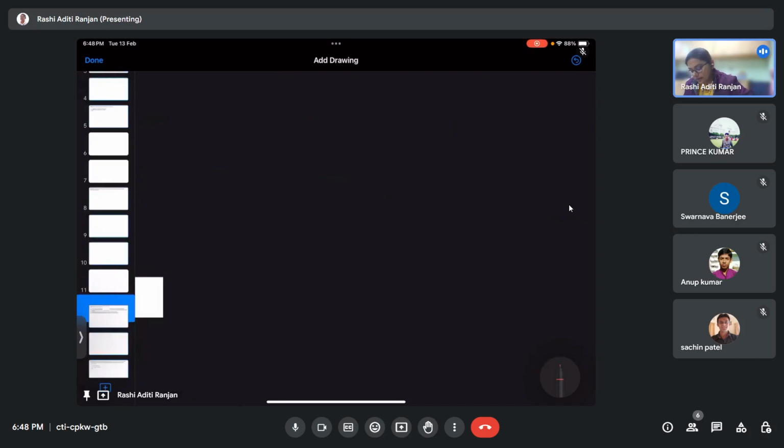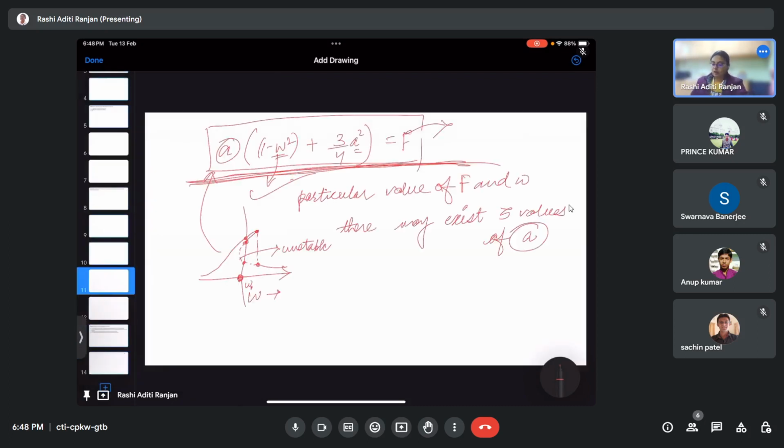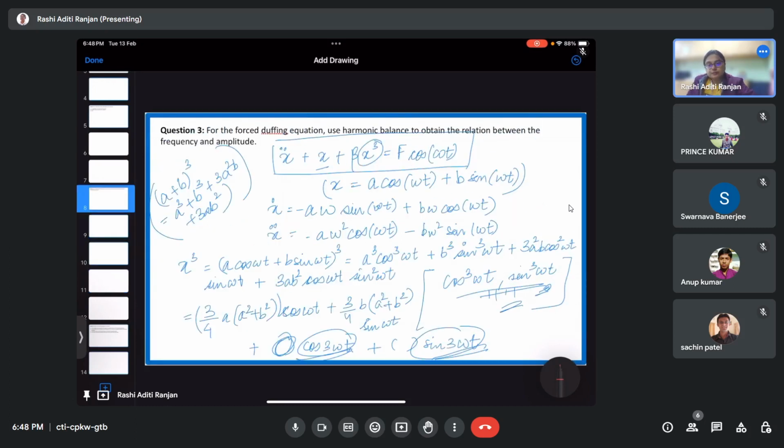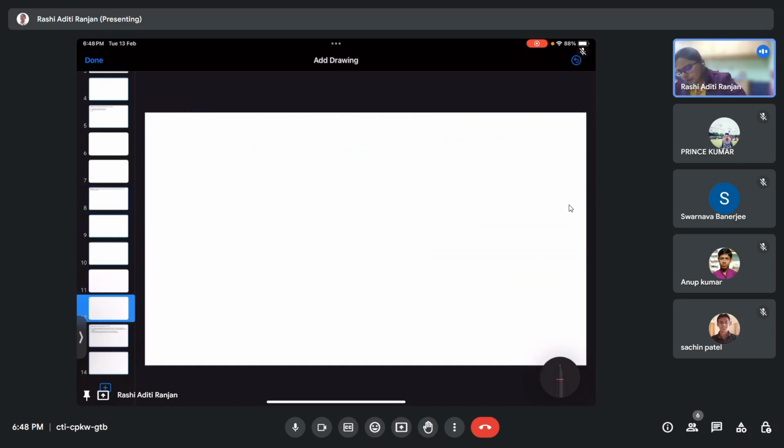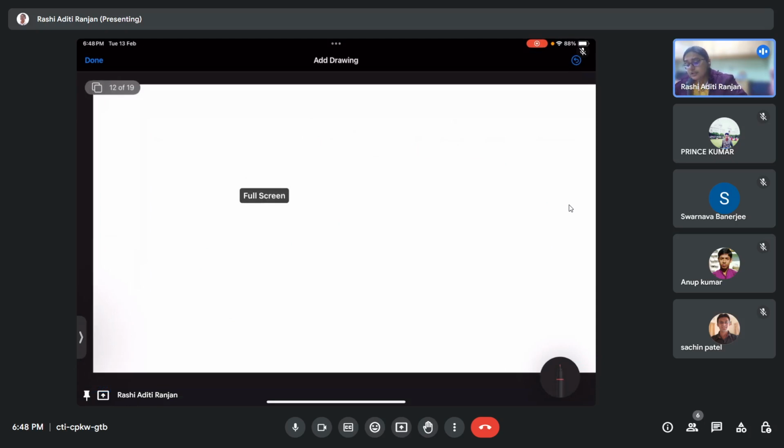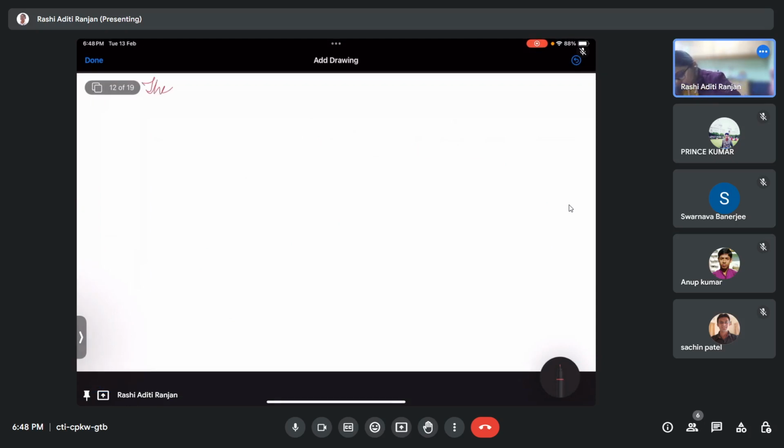For now, I have considered that there is no damping in the system. But what if there is damping in the system? This equation of motion is going to change, correct? So let us assume the new equation of motion, which considers the damping.